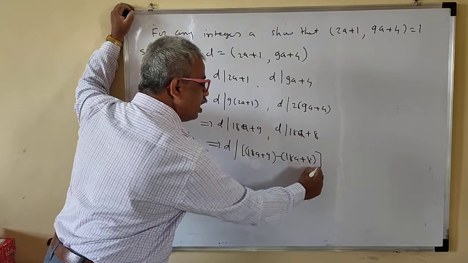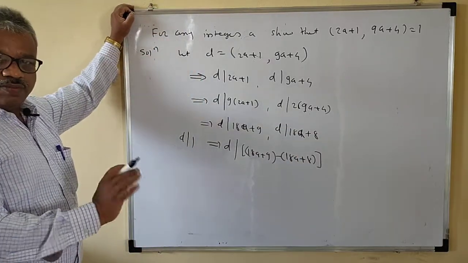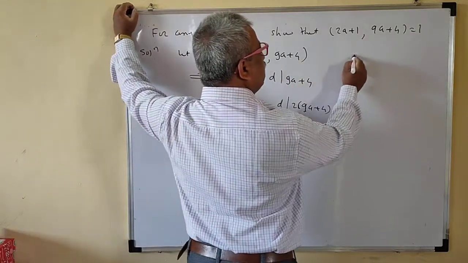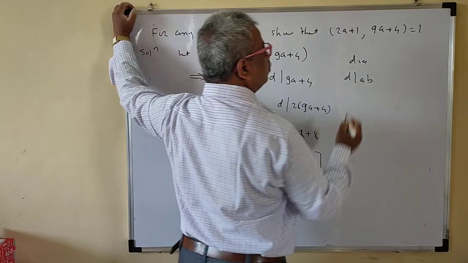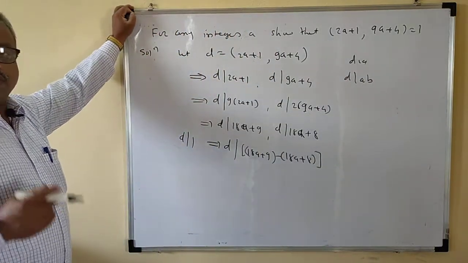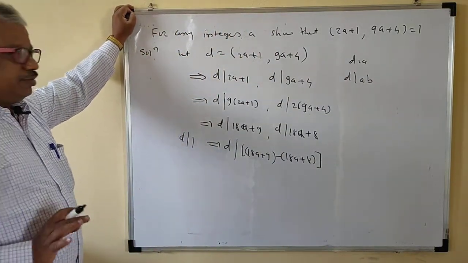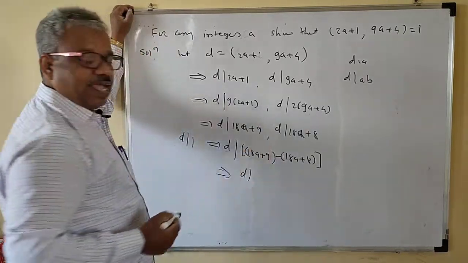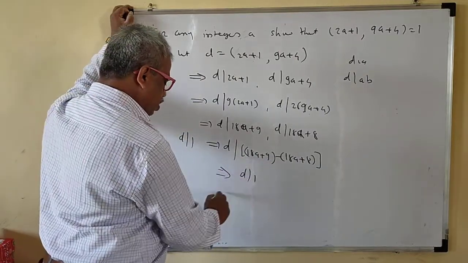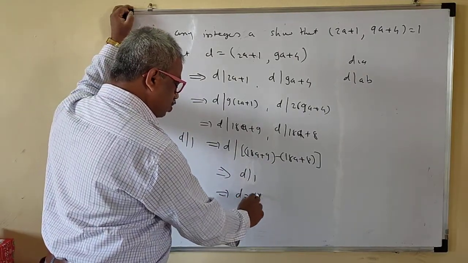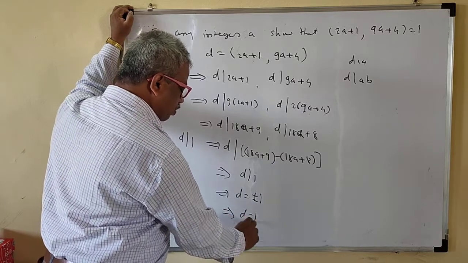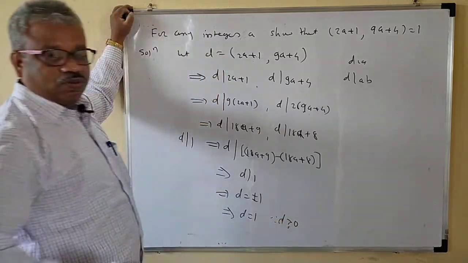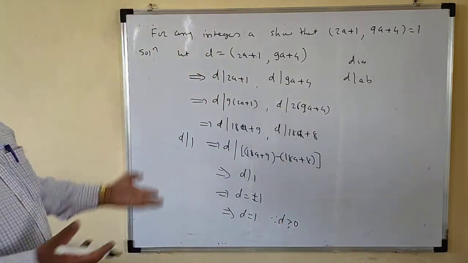If D divides the sum, it divides also the difference. Now if you simplify this, 18a gets cancelled, 9 minus 8 is 1. So D is equal to plus or minus 1. This implies that D is equal to 1, since D is always positive. So very simple.